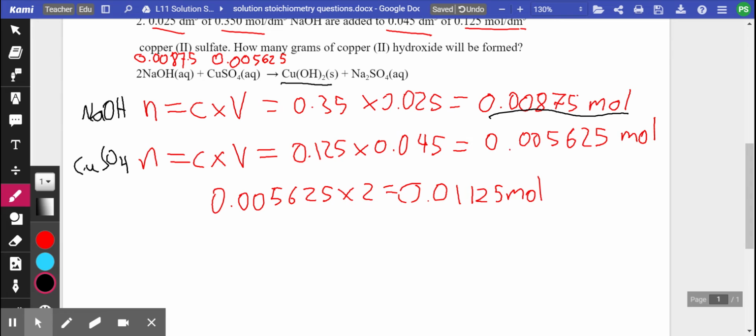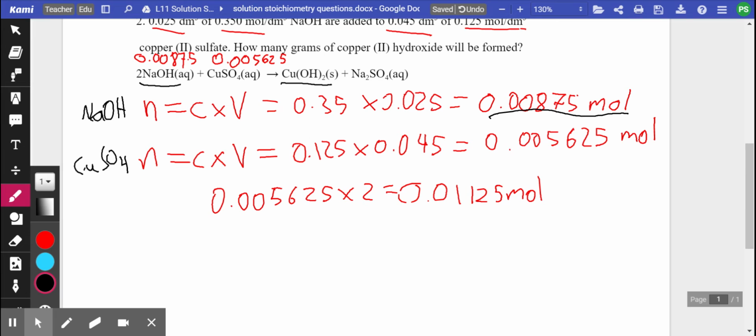So here it's the typical stoichiometry procedure. What I need to see is the ratio between sodium hydroxide and my product, copper hydroxide. It's 2 to 1. So for every 2 moles of NaOH, I make 1 mole of copper hydroxide.